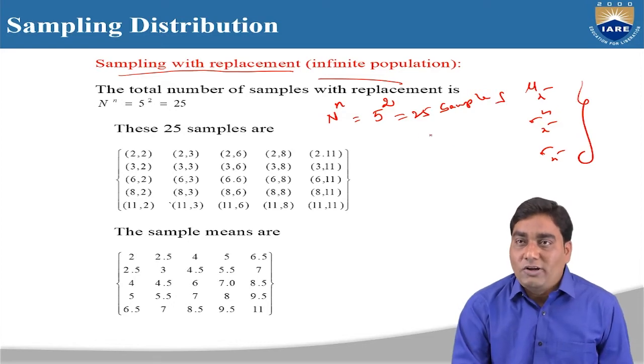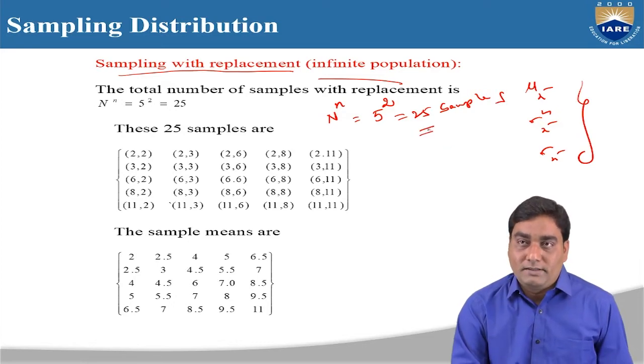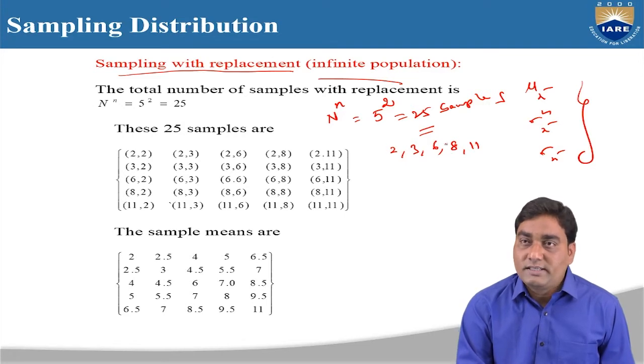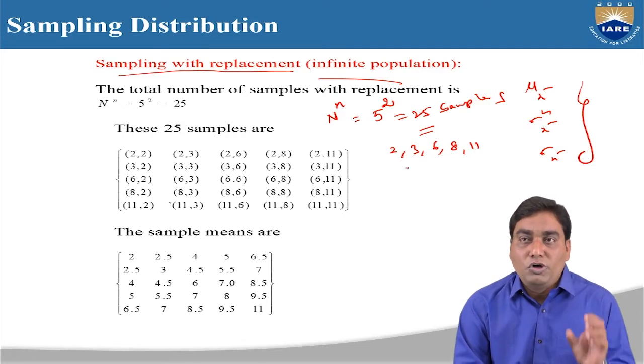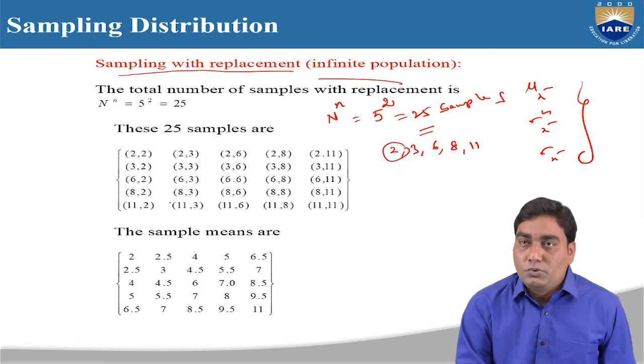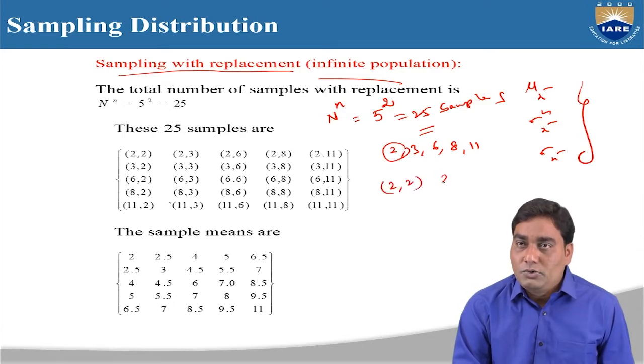Now we have to write all these 25 samples. See, 2, 3, 6, 8, 11. These are the population values x1, x2, x3, x4, x5. I want to choose samples of size 2 with replacement. Starting with 2, we can replace 2: 2, 2; 2, 3; 2, 6; 2, 8; 2, 11. 2 over.